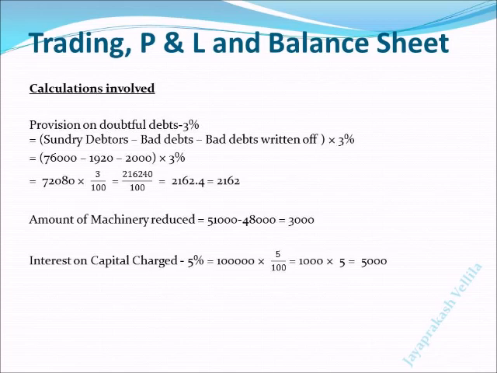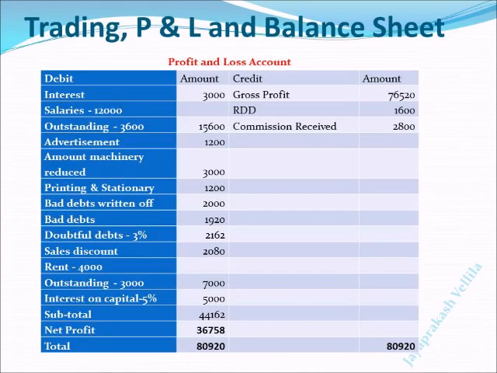That is 76,000 minus 1,900 minus 2,000, into 3%, which is 72,080 into 3 by 100, equals 2,16,240 by 100, equals 2162.4, rounded as 2162. Therefore, provision for bad debts at 3% is 2162.